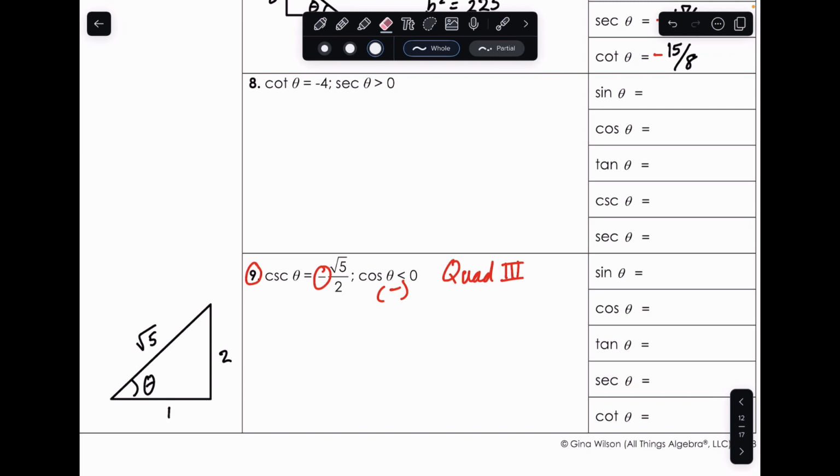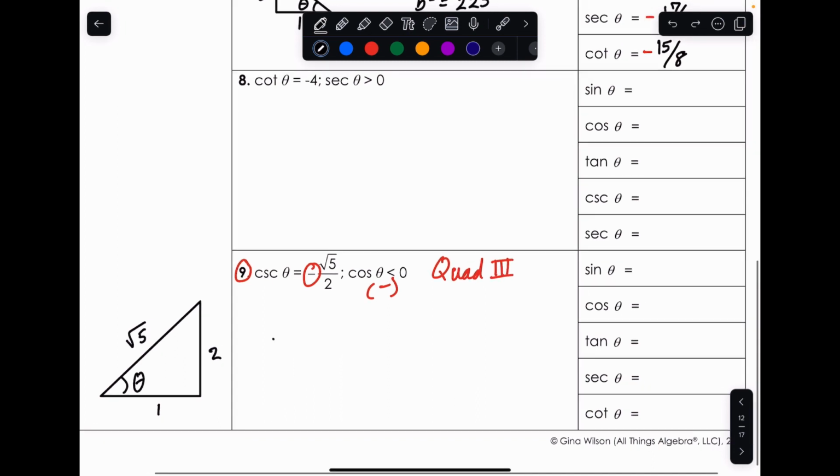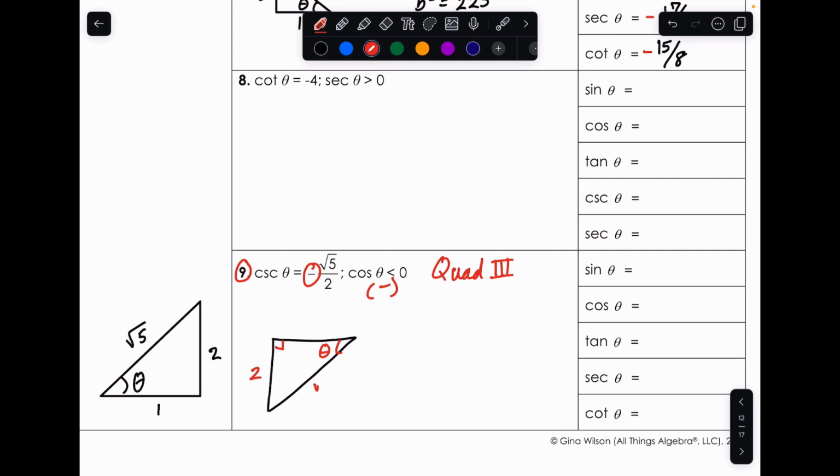Or you could have said, if it's in quadrant 3, then I know that it's going to look more like this, because one of the legs is on the x-axis. Thus your right triangle is here. Your theta would be here. And if that's theta, then this is 2. This is root 5. And that's 1.